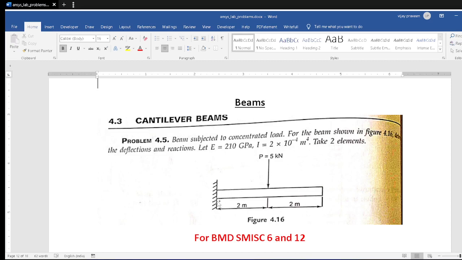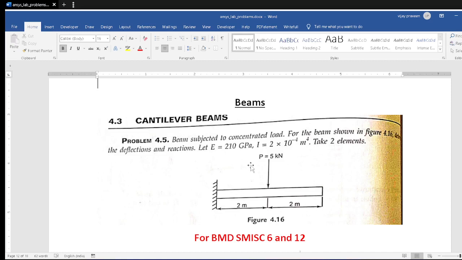Now a cantilever beam is fixed on one side and free on the other side. This beam is subject to a constant load of 5 kN, and up to here it is 2 meters. Till now in the bar and the trusses, they gave the area as well as Young's modulus.